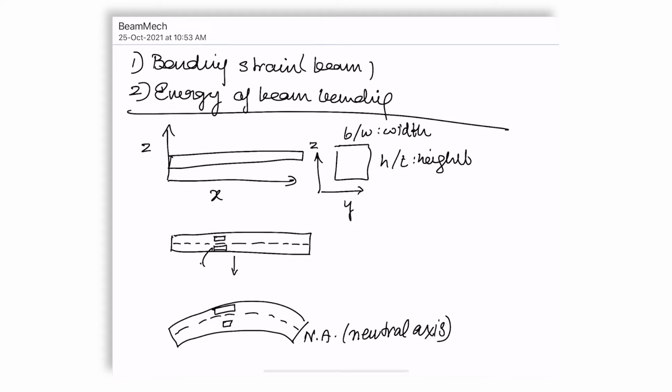So when the beam bends, this will be compressed as seen here, and this will expand or elongate.